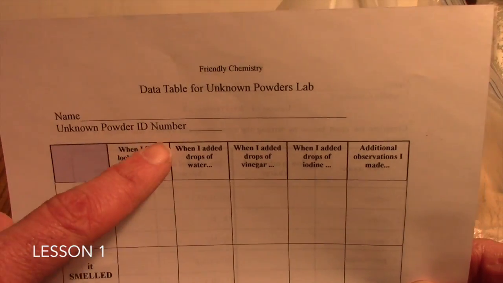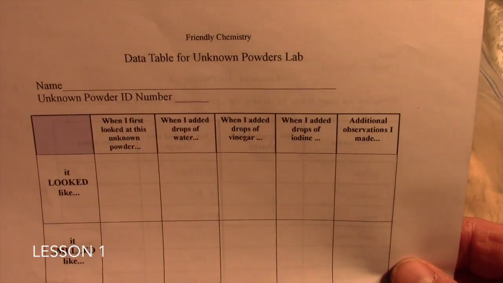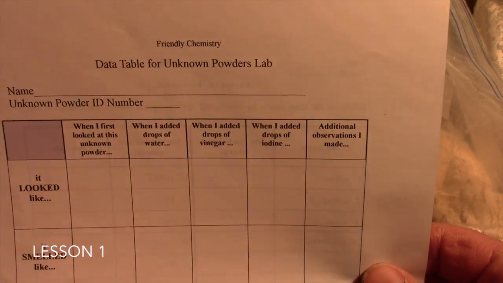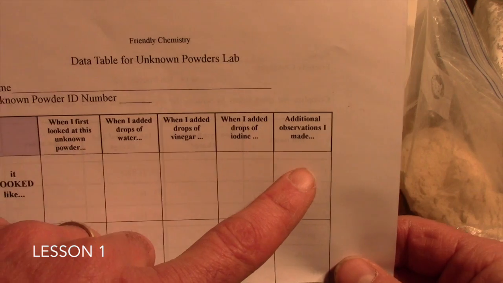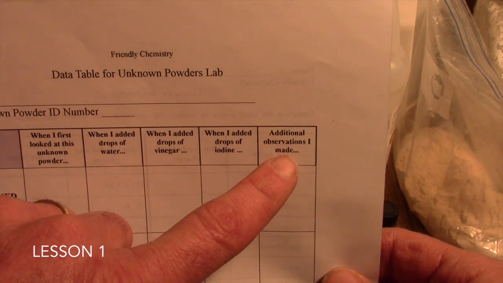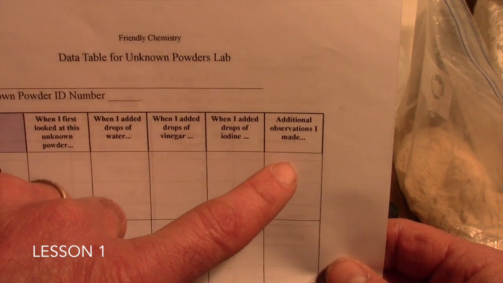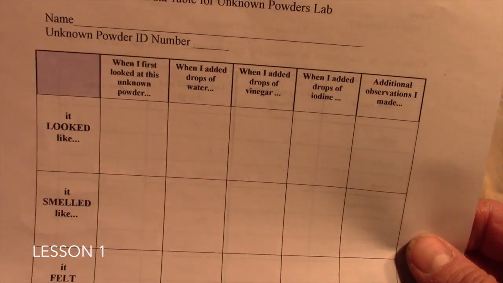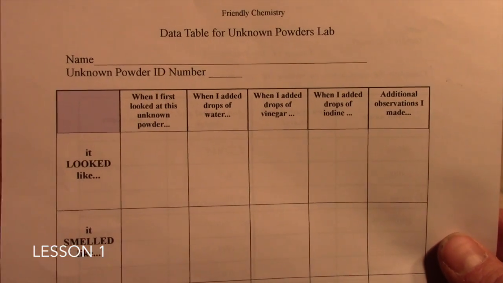When I added drops of water, what happened to it? When I added drops of vinegar, and when I added the drops of the iodine. And then there's a fifth column that the student can use to make any additional comments about their powder.